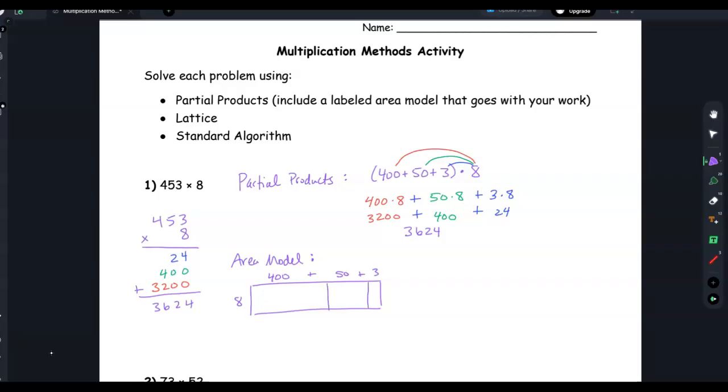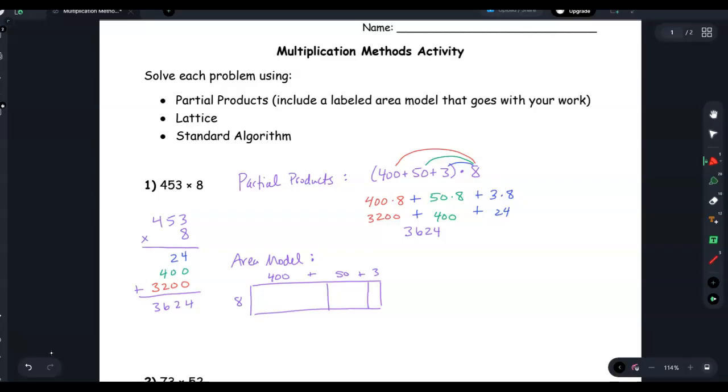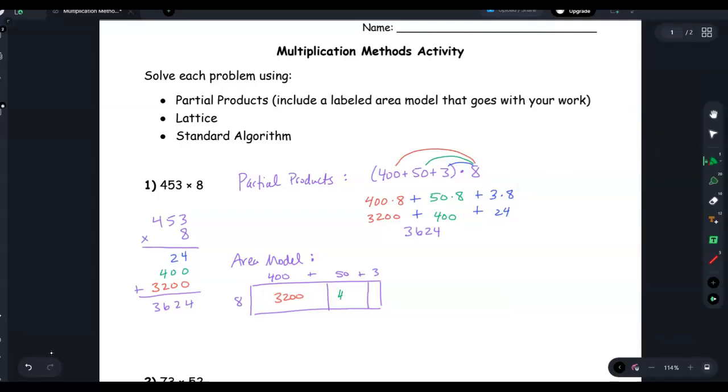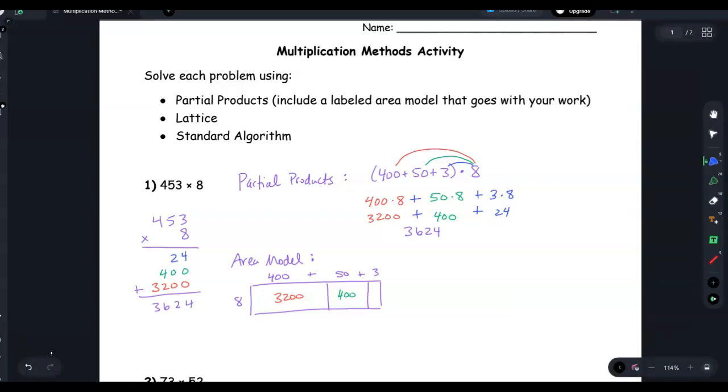So I'm going to subdivide my rectangle based on that. And then I'm just going to write those products inside each section of this. So I could either write 8 times 400, or I could just write the 3,200. The next box is going to be the 8 times 50, or 400. And then the 8 times 3, which is the 24.